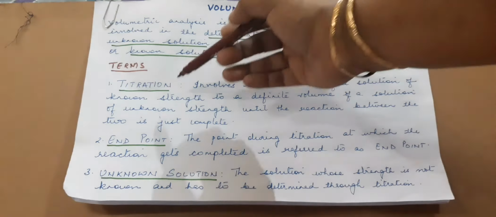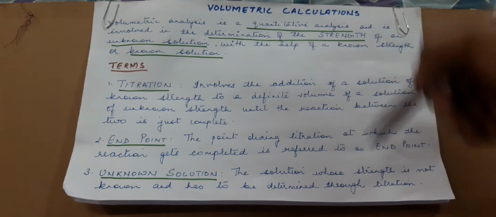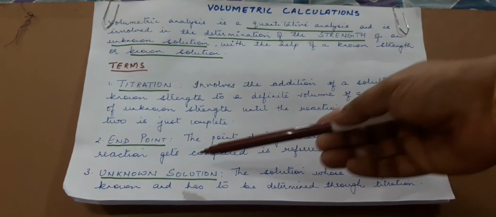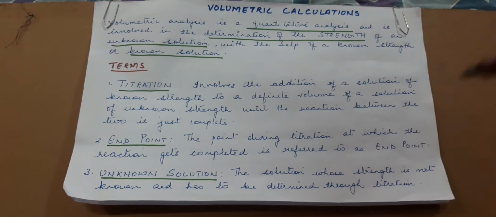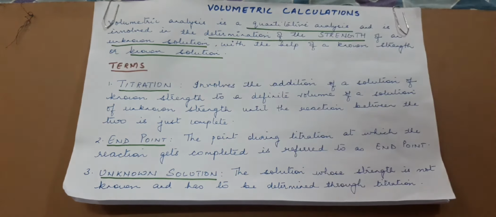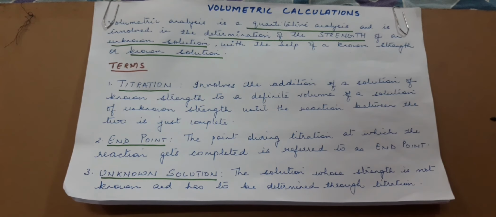The first term is titration. That's the method, the process by which we find out the volume and the strength of an unknown solution. The end point is the point during the titration process when the reaction gets just completed. I have an unknown solution. What's an unknown solution? A solution whose strength I do not know, and I have to determine it using the process of titration.